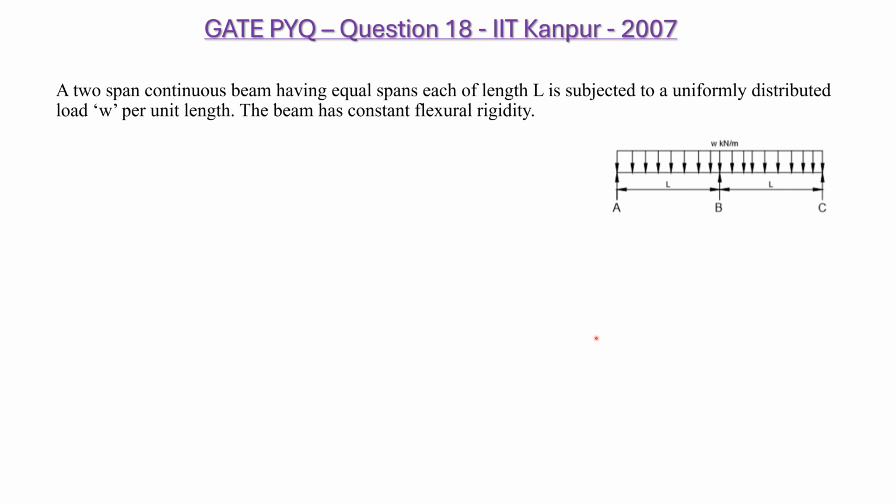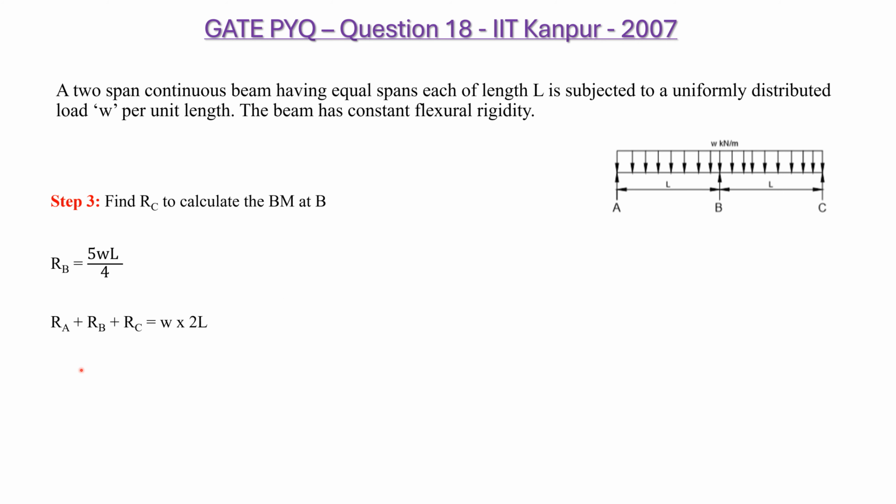Now to proceed with question number 2, to calculate bending moment at support B, we need at least reaction A or reaction C here. Therefore, let us proceed to calculate reaction at C in order to calculate bending moment at B. First of all, we know that reaction at B is 5WL/4.